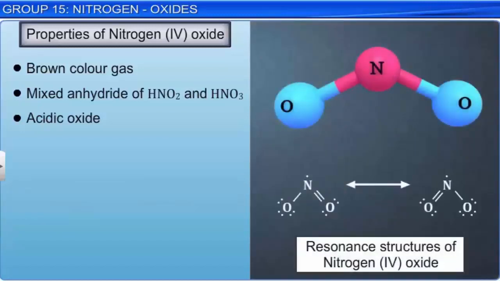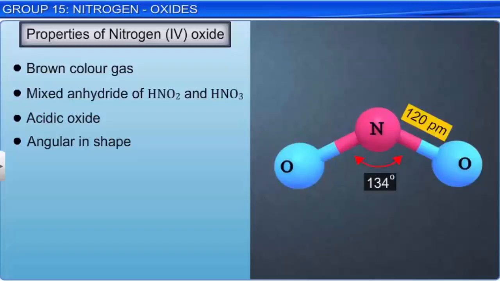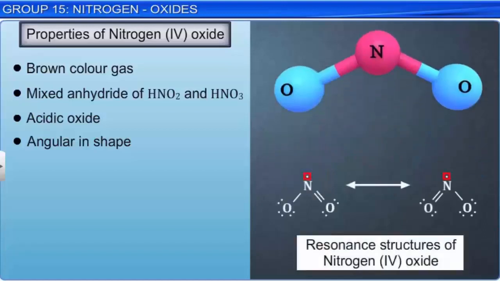Examine the resonance structures of nitrogen dioxide. The molecule exists as a resonance hybrid of these structures. The molecule is angular in shape with a bond angle of 134 degrees and bond length of 120 picometers. Note the unpaired electron in the resonance structures of nitrogen dioxide, due to which it behaves as a paramagnetic substance.